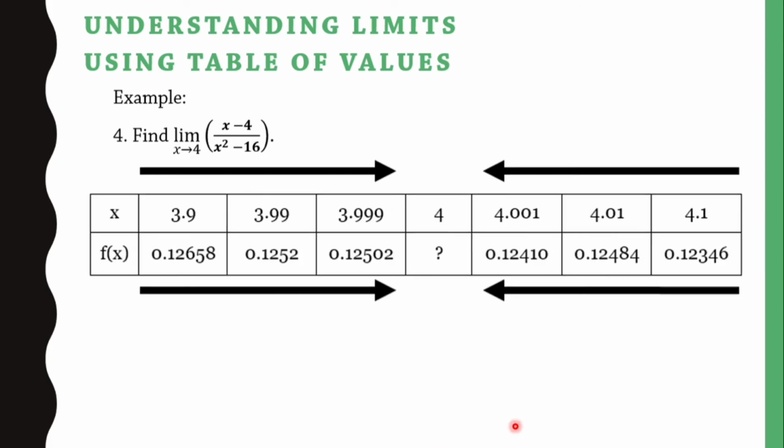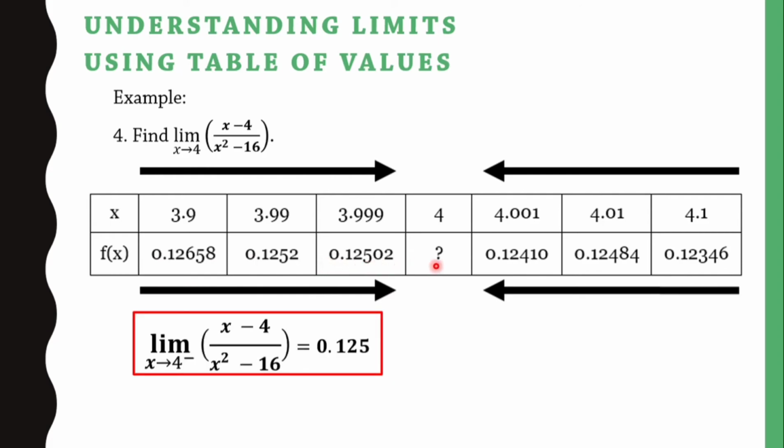And another example, find the limit of x minus 4 over x squared minus 16 as x approaches 4. We're given here a table. From the table, it appears that the closer x gets to 4 from the left and from the right, the value of f of x becomes closer to 0.125 or 125 thousandths.